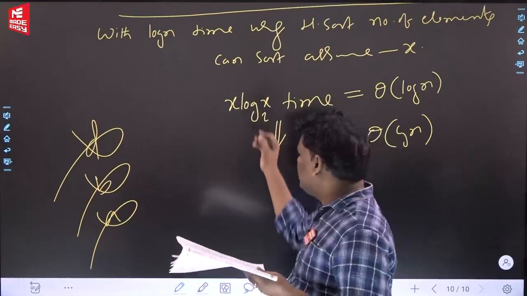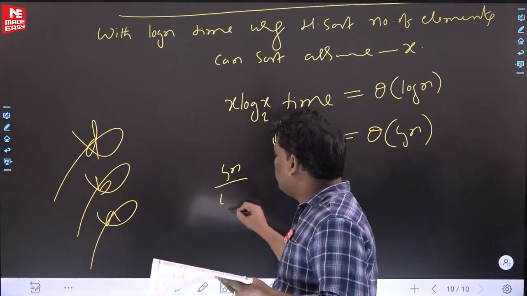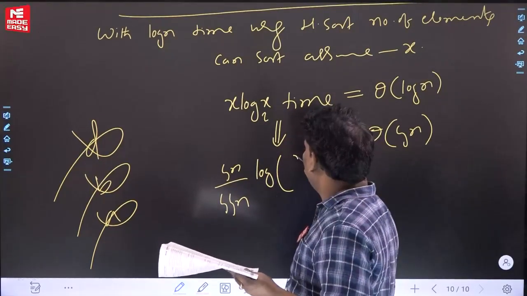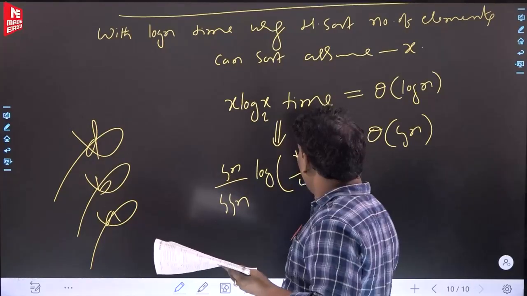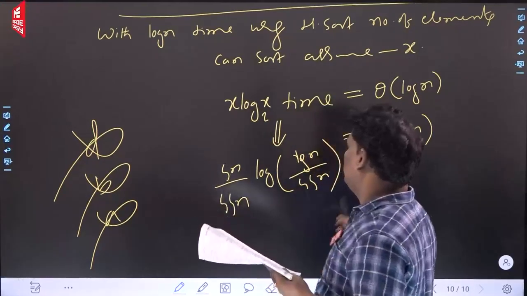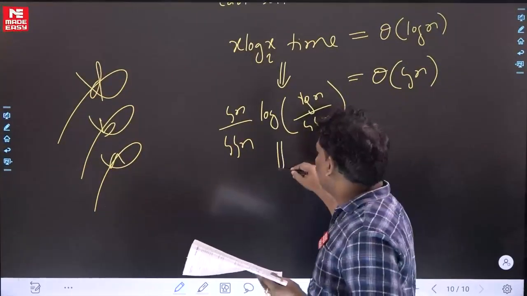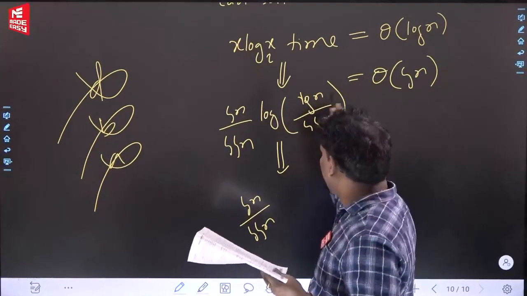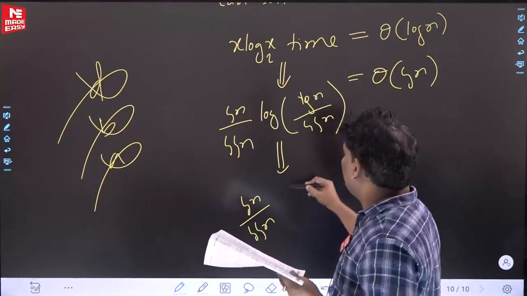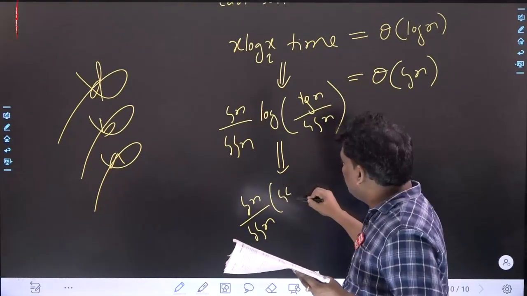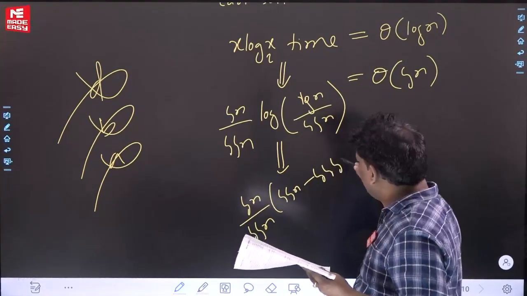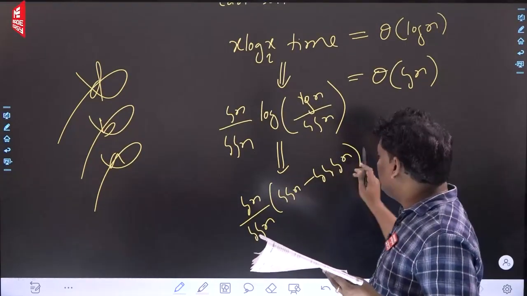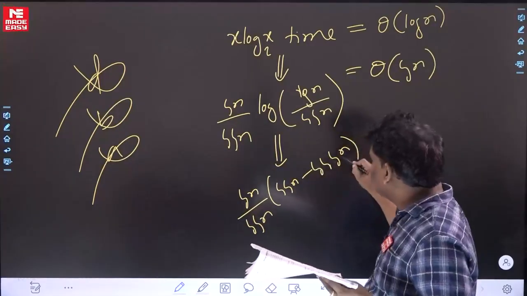Let's check. X replaced by log n by log n. Next, log of x is replaced by log of log n by log n. Now, log of a by b is log a minus log b, so this is log n minus log log n.